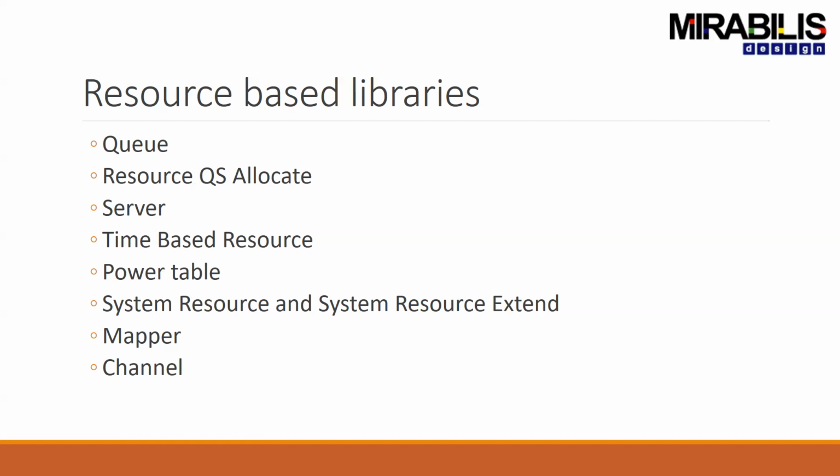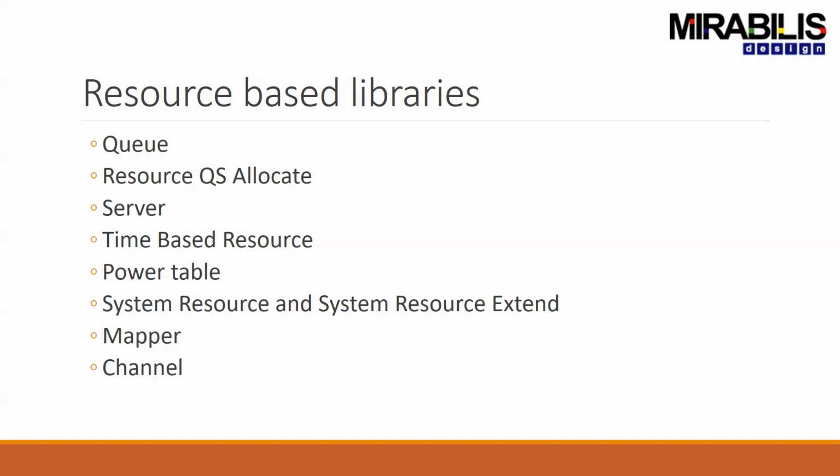And similarly, we have system resource extend. Let's take an example of a processor. We are sending an instruction to be processed in the processor, and the mapper sent it to the system resource, and it is emulating other functionality like memory accesses. So if it wants to reach memory like cache, it will send the signal to the system resource extend, and during that it will be on hold. It cannot process anything else.